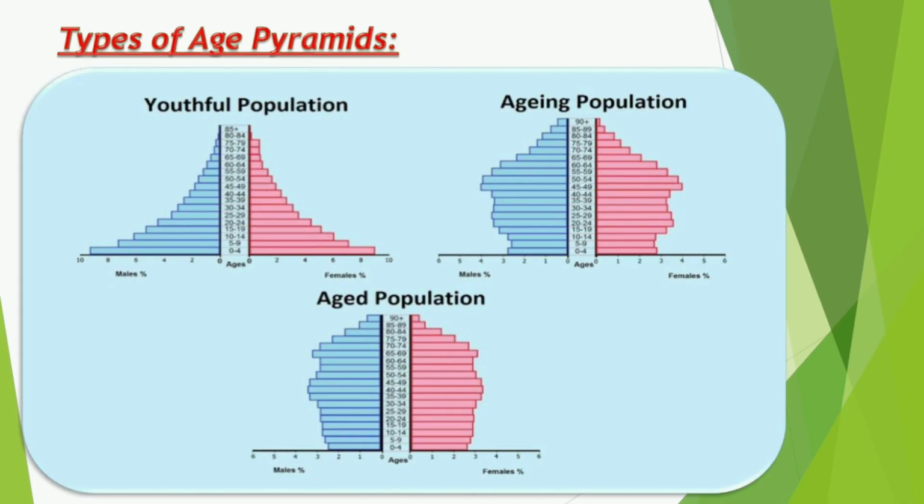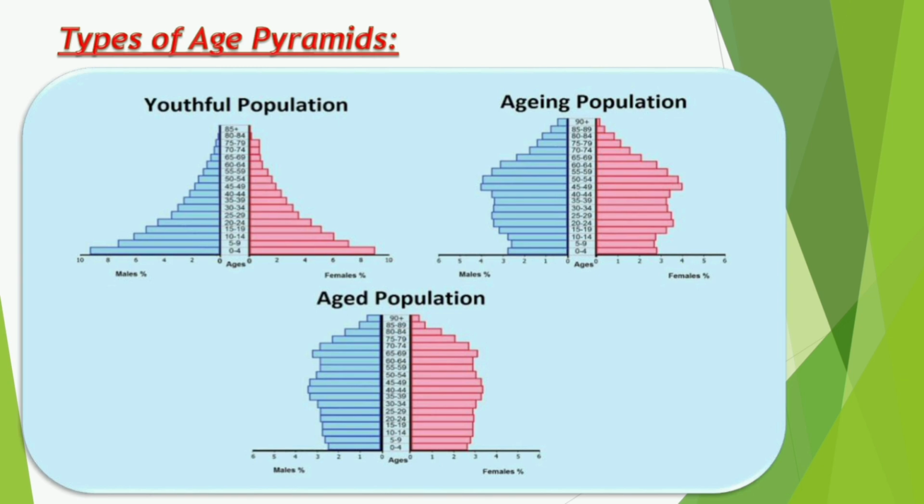You can also notice that the upper age groups like 60 to 64, 65 to 69, 70 to 74 are beginning to widen. That means more people are living longer and the population is slowly moving towards aging. So, overall, this pyramid represents a balanced but gradually aging population.